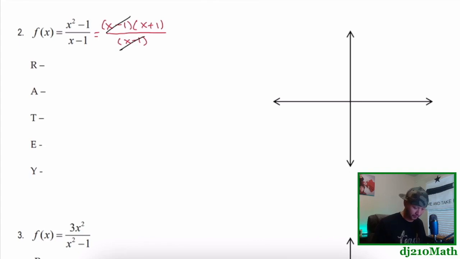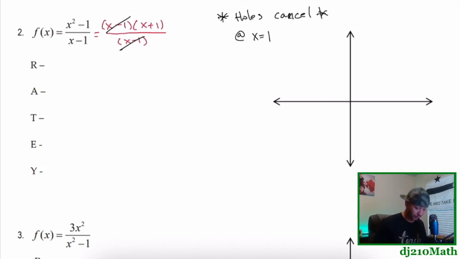So this tells me, remember that holes cancel. Holes cancel. So there's a hole at x equals positive 1. So at x equals 1, there's a hole.